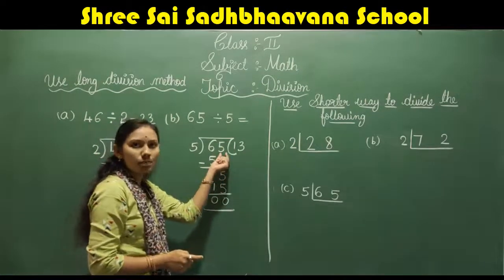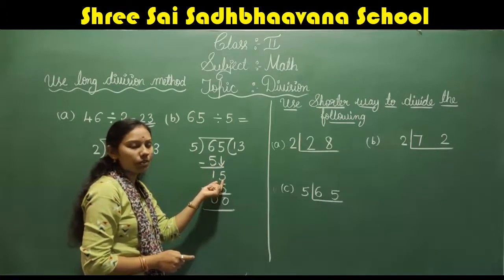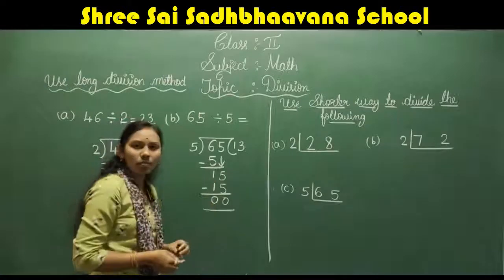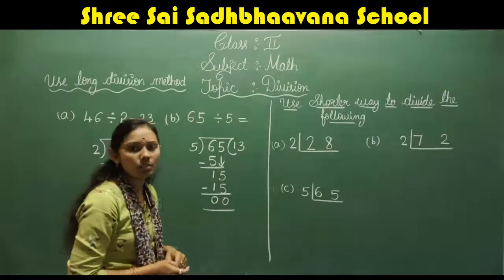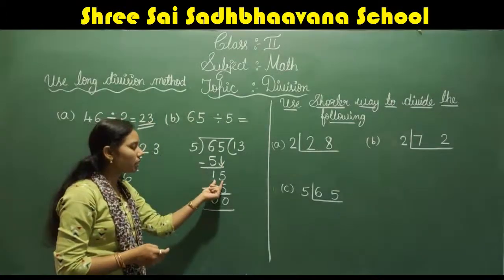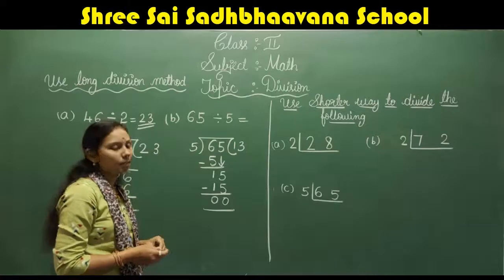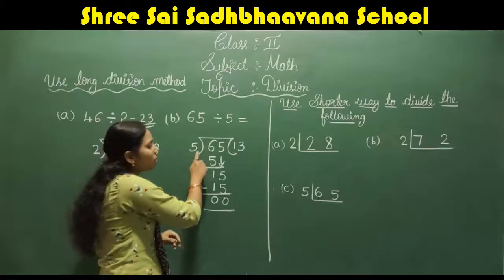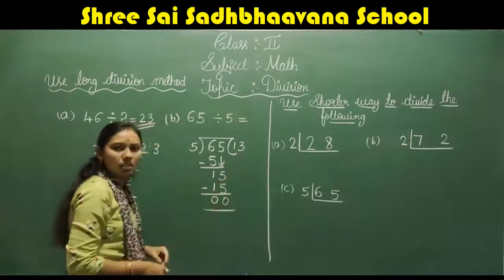Again, we are going to bring down this 5 from the ones place to divide. So it becomes 15 ones, that is 1 ten, 5 ones, 15 ones. Again this 15 we are going to divide by 5. How many times does it go? 3 times. 5 3s are 15.